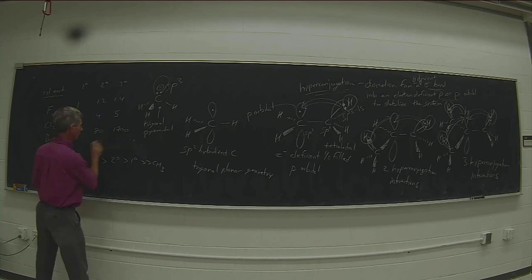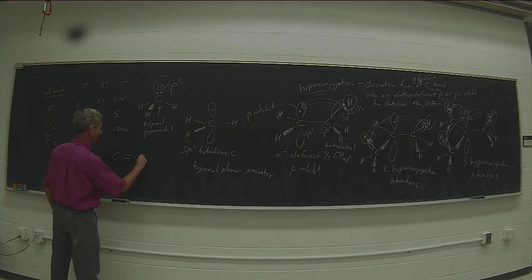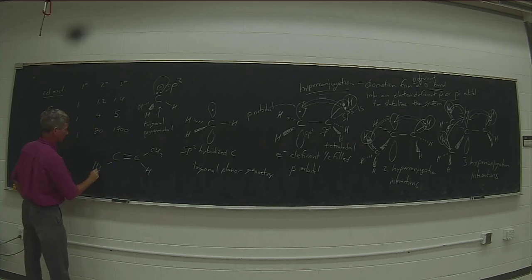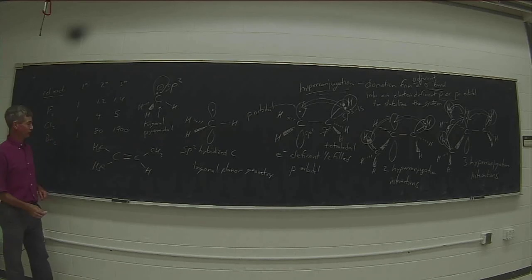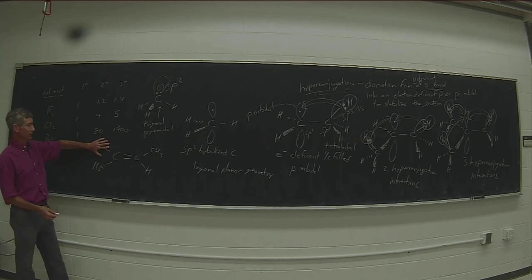It turns out that the more substituted the carbon-carbon double bond is, the more different things there are attached to the carbon-carbon double bond, the more stable the pi system. So this is a more stable molecule than if there were only 2 methyl groups or just 1 methyl group.